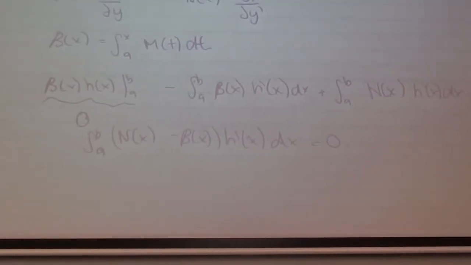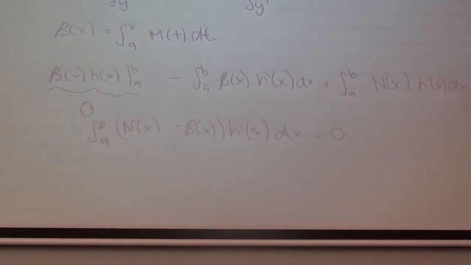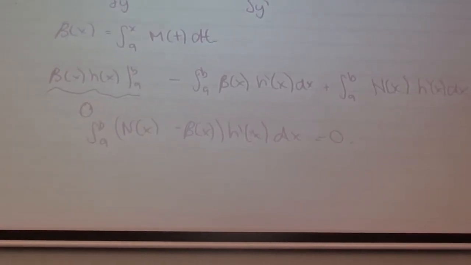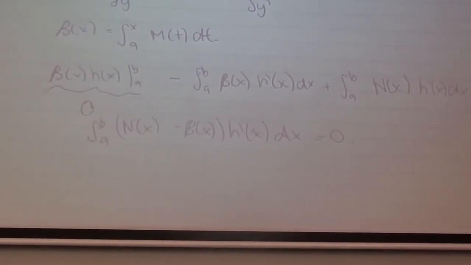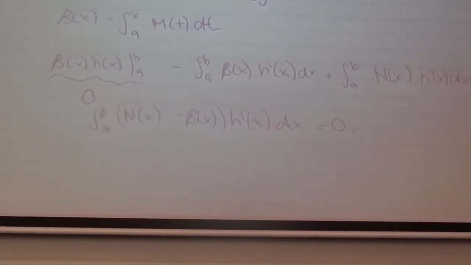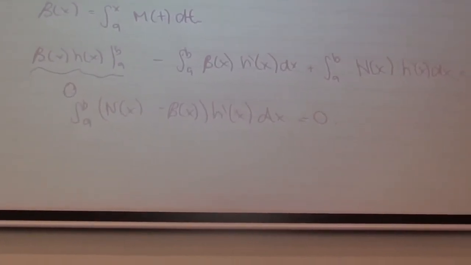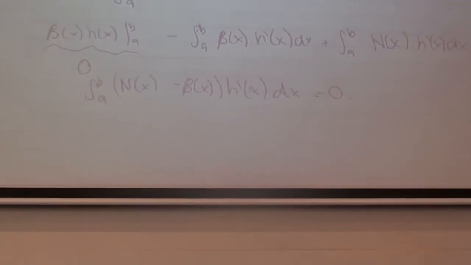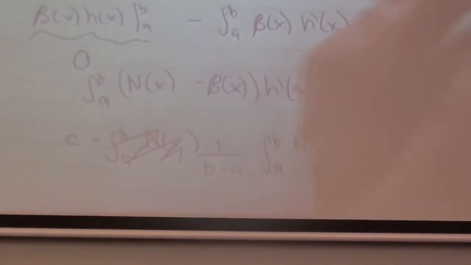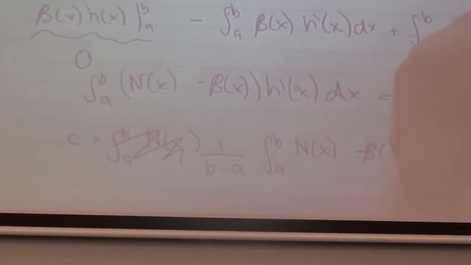So what we need to do now is a bit tricky because we need to make some clever choices for a constant that we can insert and some clever choices for the h term. So basically what we want to do is define this constant c equals, sorry, minus a over b minus a, the integral of n of x minus beta of x dx.